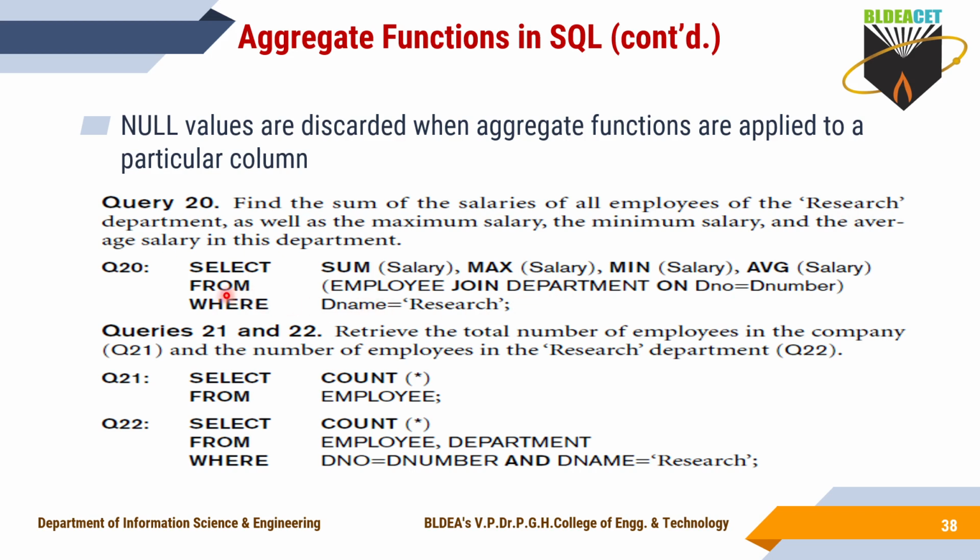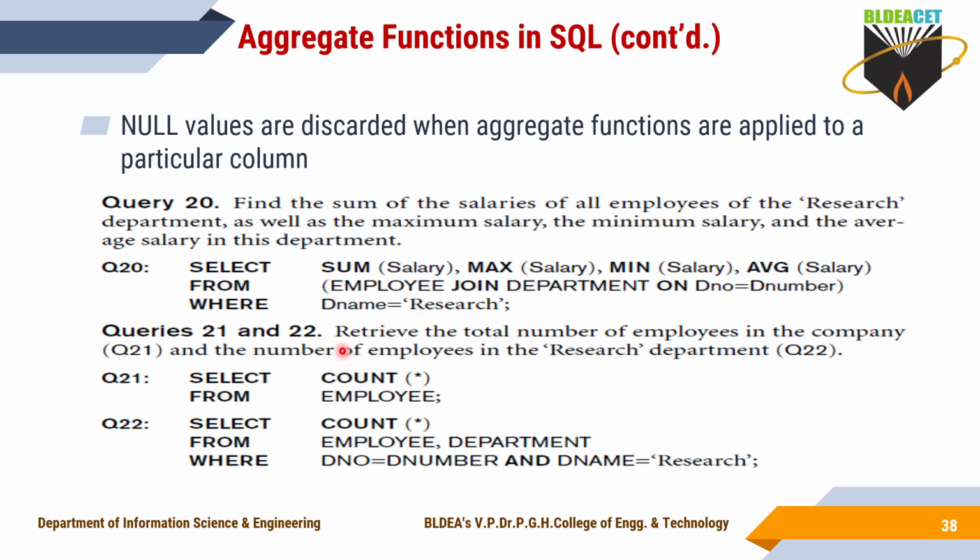That's why in the from clause we need to specify two tables, employee and department. These two tables are joined using the join operator on the condition dno equal to dnumber, and the where condition is dname equal to research. This is one example of aggregate functions.